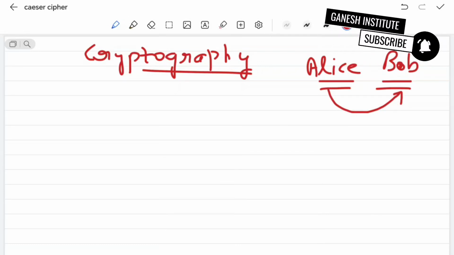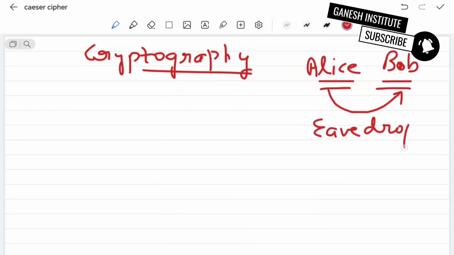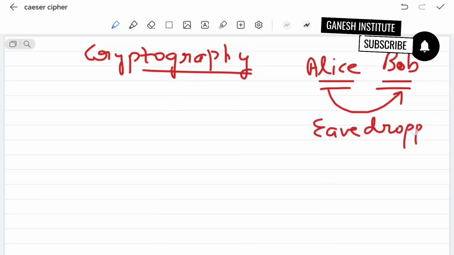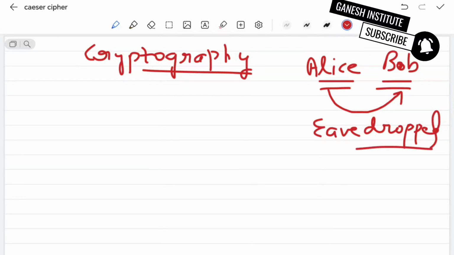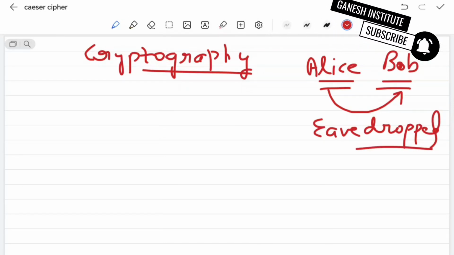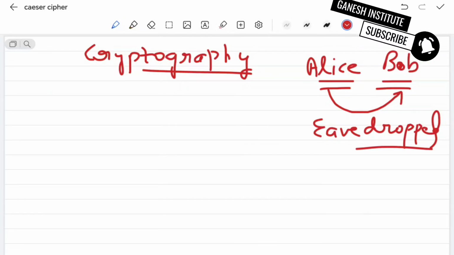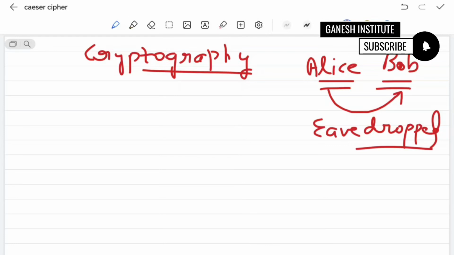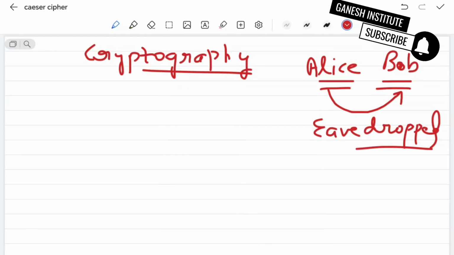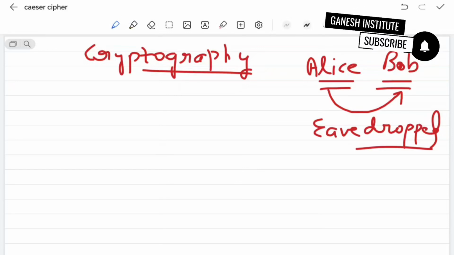They want to communicate with each other without getting eavesdropped. That means they don't want anybody else to know what they are talking about. They want to keep it confidential. So when there is a channel, a medium of communication, there may be insecure channels also. So we have to see how communication can be done.